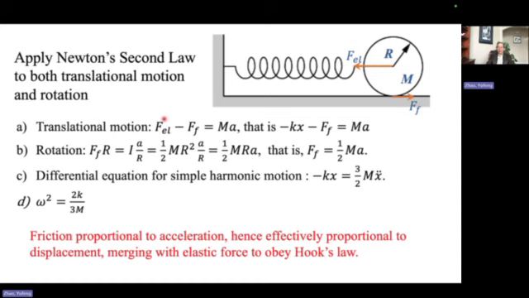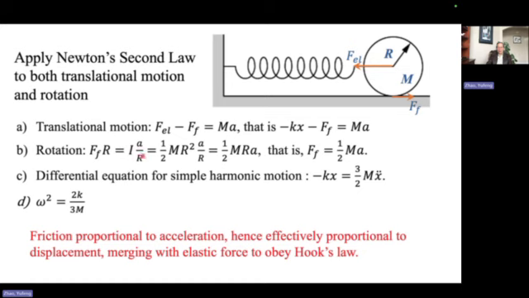F elastic minus F friction equals ma, where a is the translational acceleration. Plugging in Hooke's law, F elastic equals negative kx, so negative kx minus F friction equals ma.